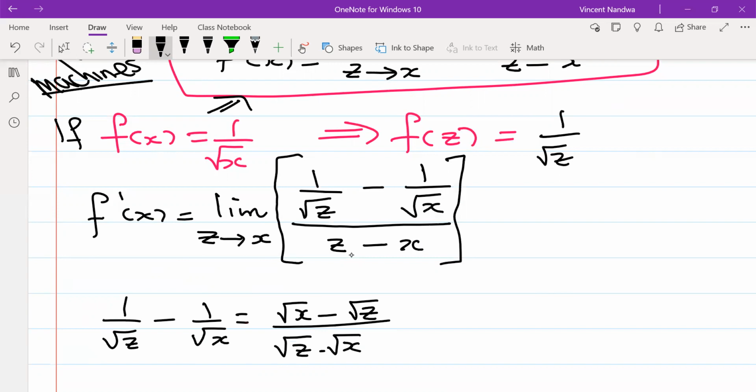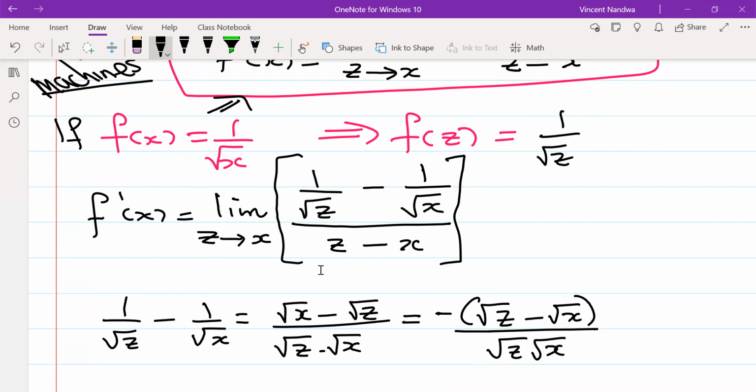And then this can be written as negative of root z minus root x. Do you agree? Do you agree with that?